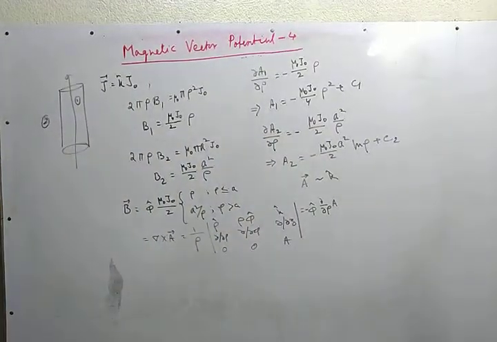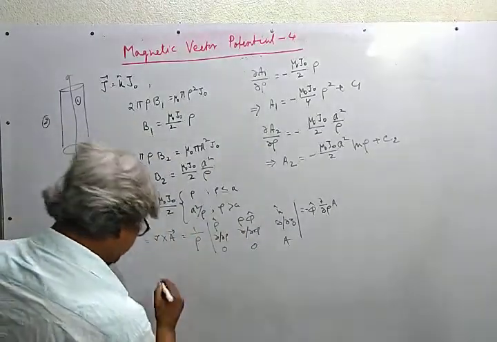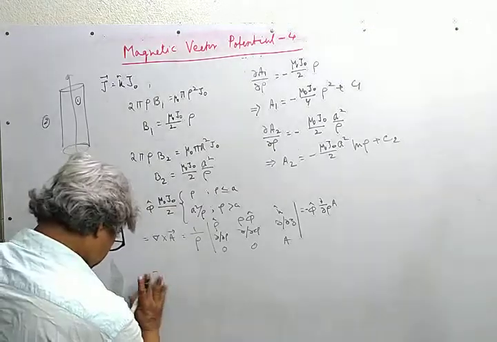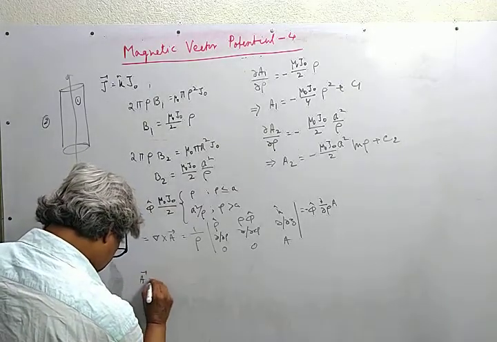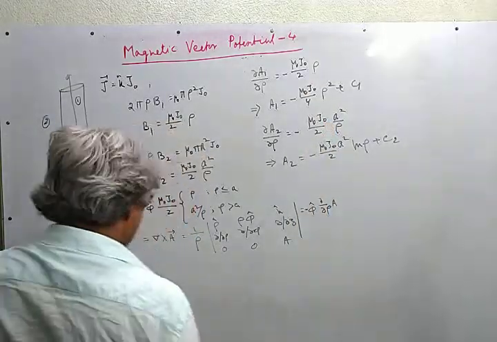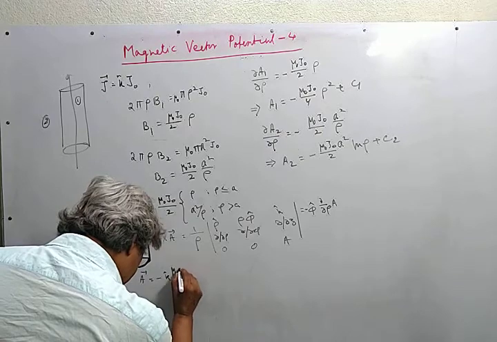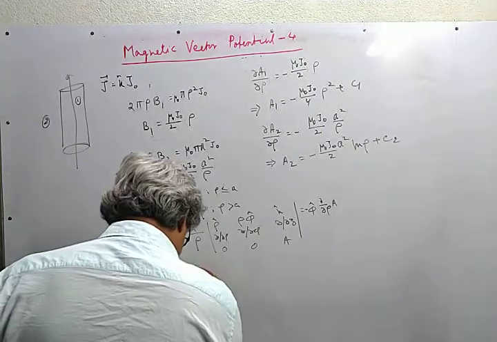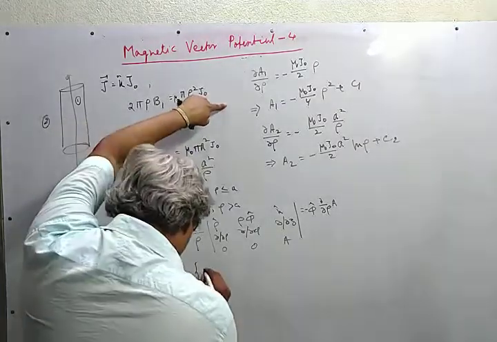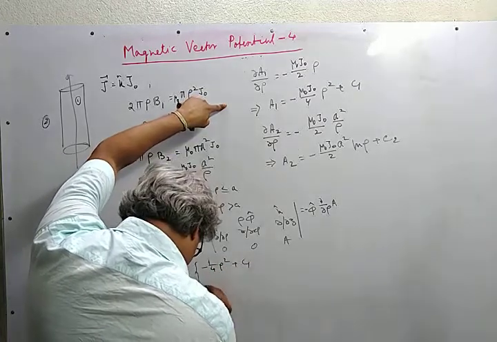Let me finally write the potential as A equal to minus k cap mu 0 J0, with mu 0 J0 common, and for the internal point we will have minus 1 upon 4 rho square plus C1.